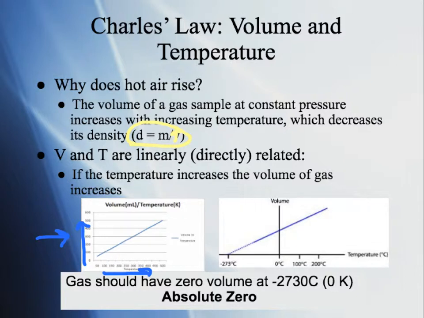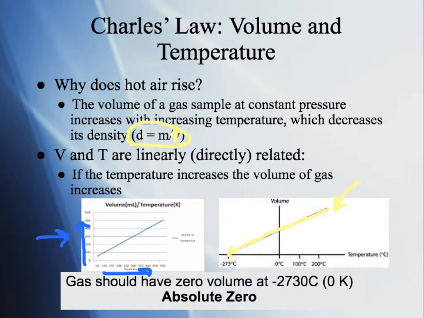Now, if we extrapolate our data, if we look at this second one here, and we extrapolate our line all the way down, it hits the y-axis at 0, so 0 volume.